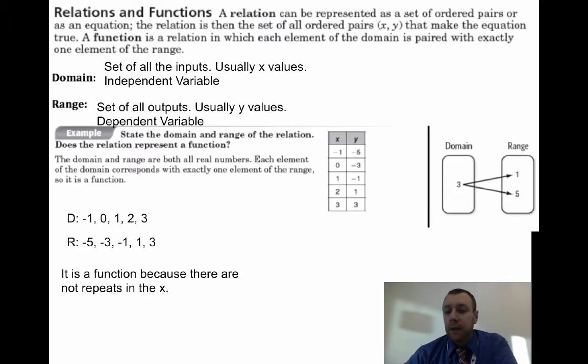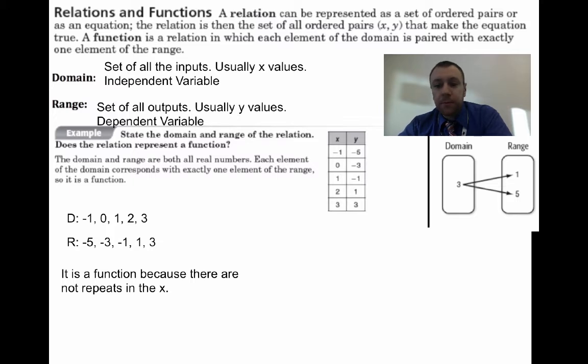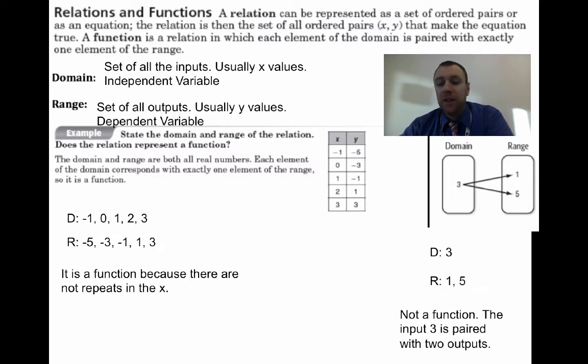But in our second example, the domain is 3, but the range is 1 and 5. So literally we have (3, 1) and (3, 5). There are two 3's in there. So this is not a function because the 3 is paired with 2 outputs, or 2 y values.